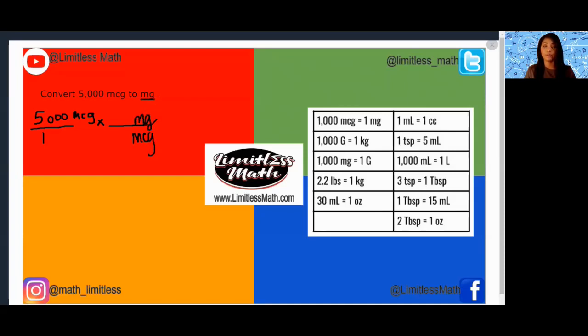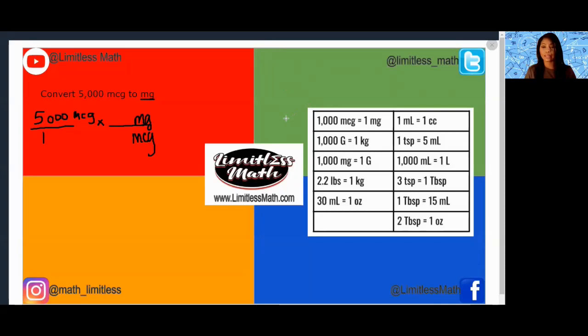Now that we have the units all set up, now it's time to write the numbers in. So here's where we will take a look at our table, which hopefully you have memorized or are working on getting memorized. We need to compare micrograms to milligrams.